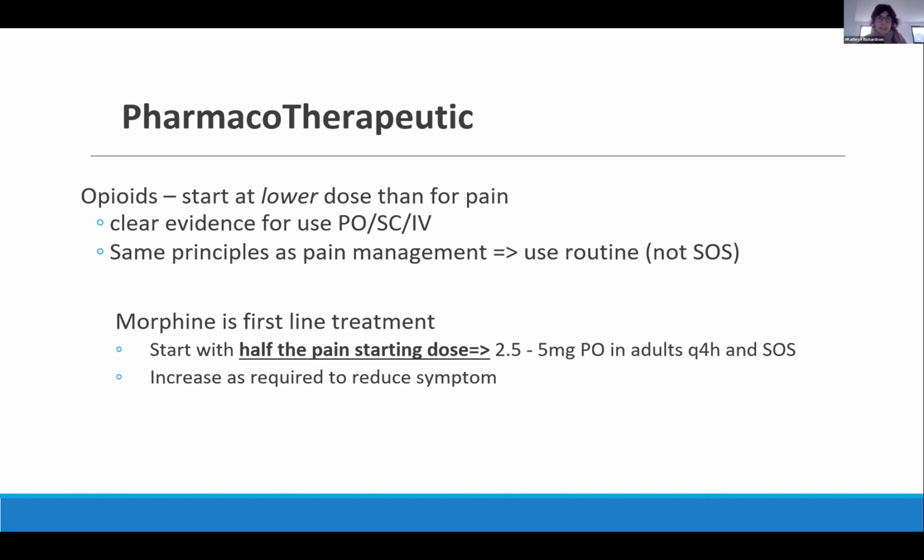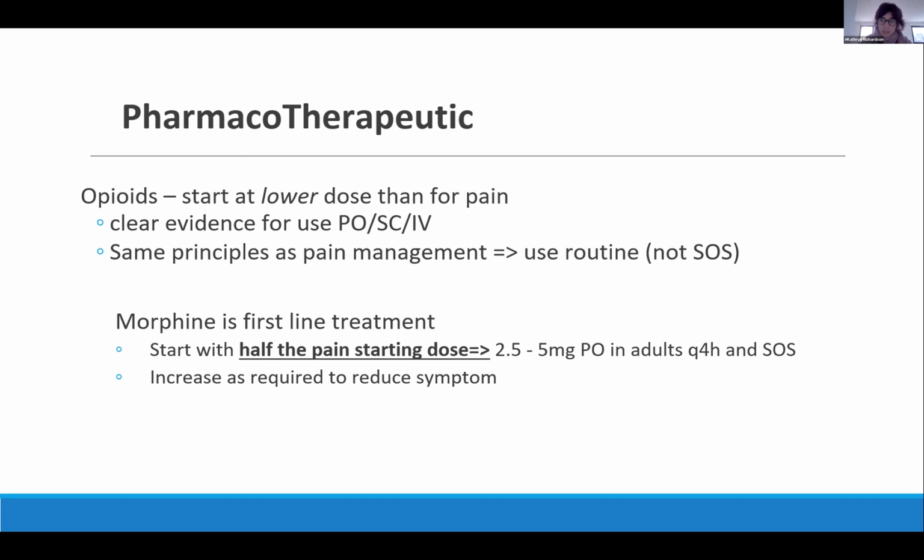So the best medication we have for symptomatic management of breathlessness is morphine, and there's very good evidence supporting its use. We start with lower doses than we do for pain. We usually use half the dose, so 0.5 milligrams per kilogram per day. If a person is having breathlessness all the time, we would give it regularly.